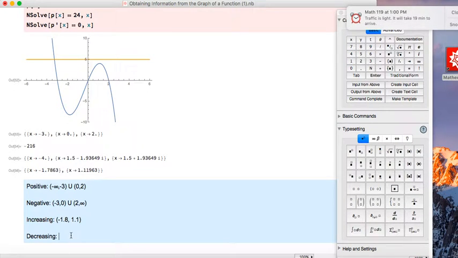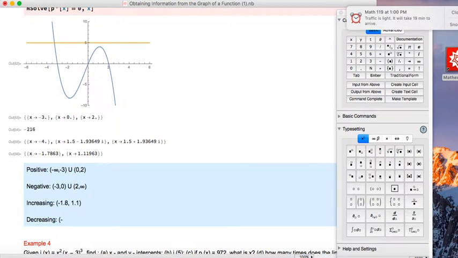And the decreasing is from -infinity to -1.8, union the other one, from 1.1 to positive infinity. Okay.